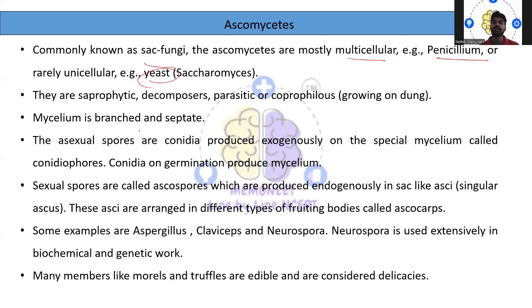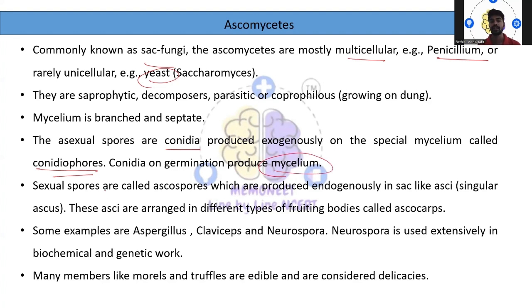Okay, so the mycelium is branched and septate. Then for asexual reproduction, the asexual spores are conidia, produced exogenously outside the body on special mycelium called conidiophores. Conidia on germination produce the mycelium.